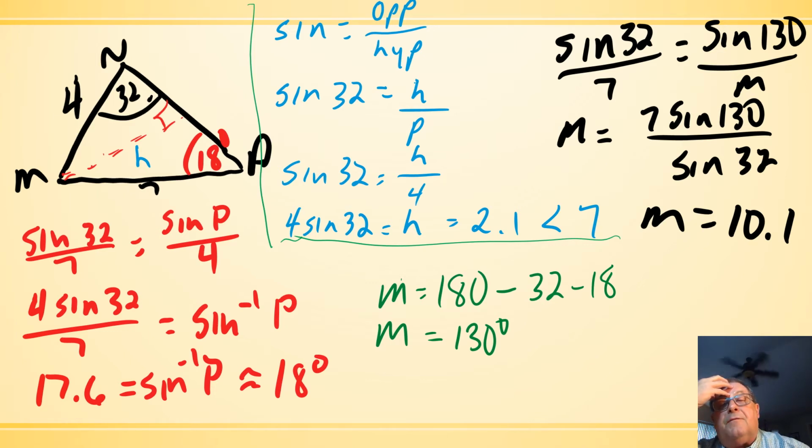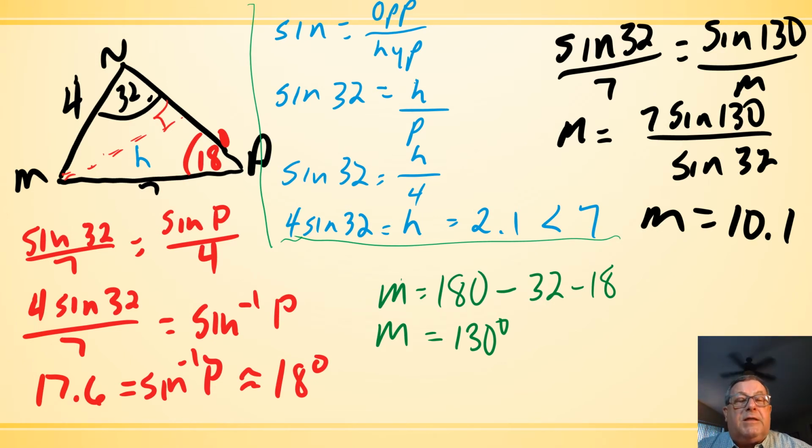So the sine of 32 equals h over 4, and 4 times the sine of 32 equals the height, which is 2.1, and that is in fact less than 7.